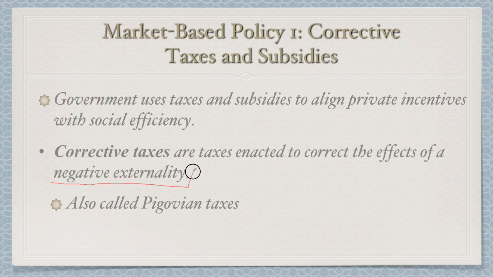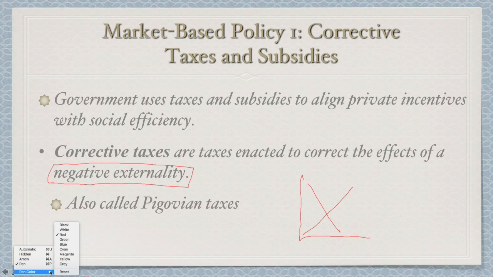So when the government puts in place a corrective tax, what they're attempting to do, so here's my really crude diagram of a negative externality. They're currently producing at equilibrium right here. Now we have our social cost added on.